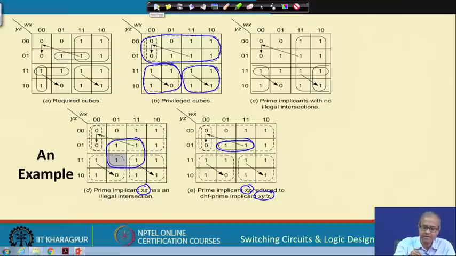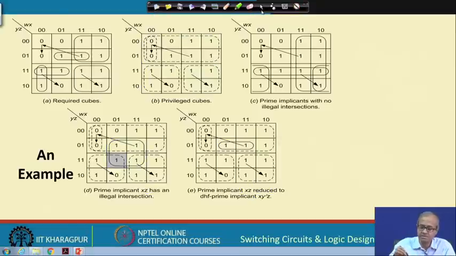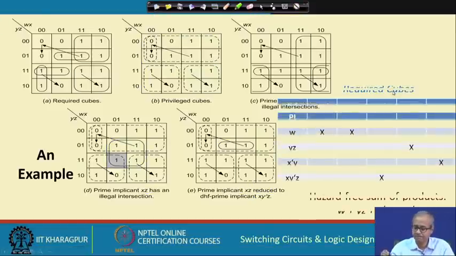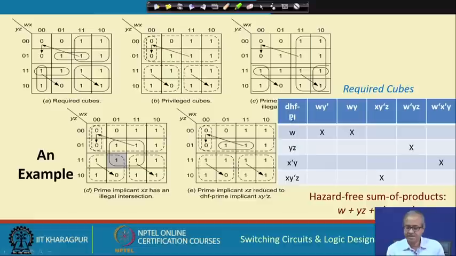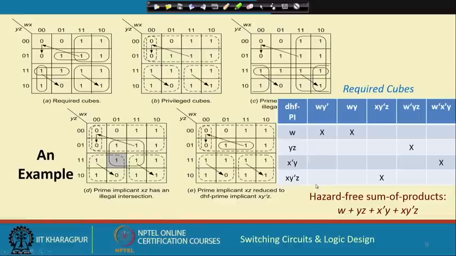Okay. Now, once you do this, then you have the DHF prime implicants. There are 5 here. You can check W, X Y Z bar, W bar Y Z and W bar X bar Y. These are the coverings, these are the cubes, and these implicants are covered like this.